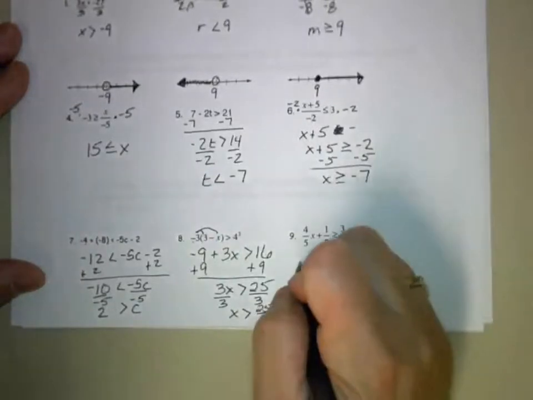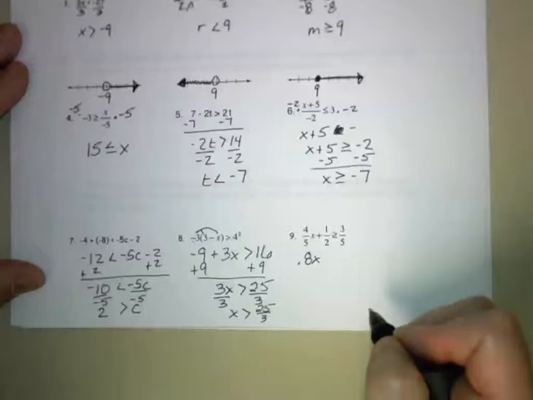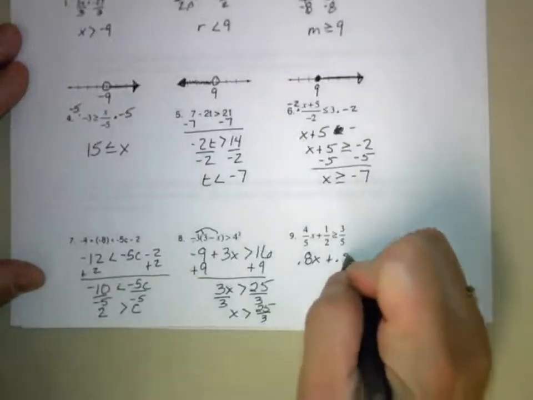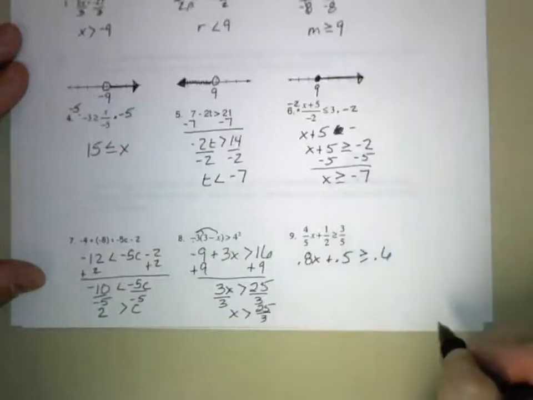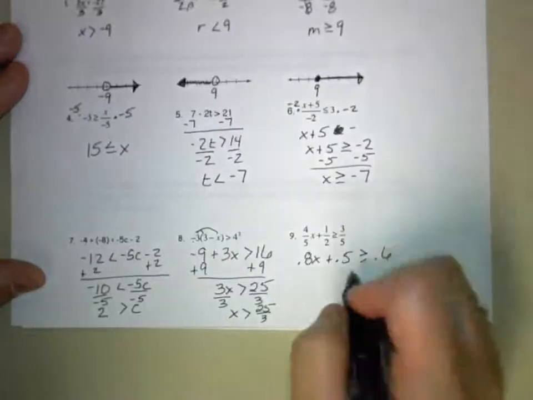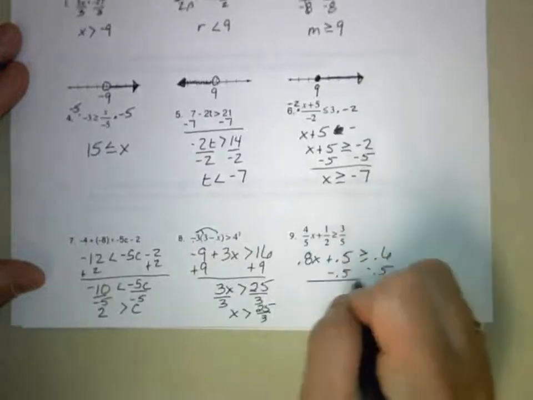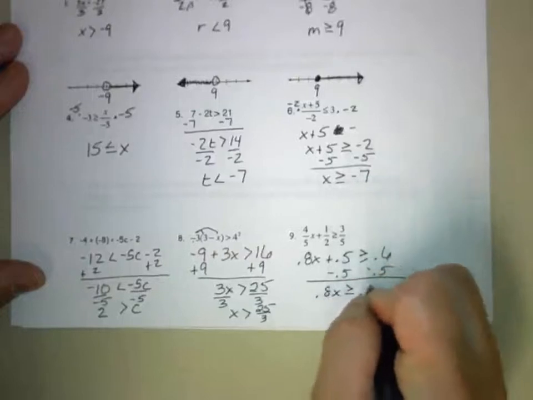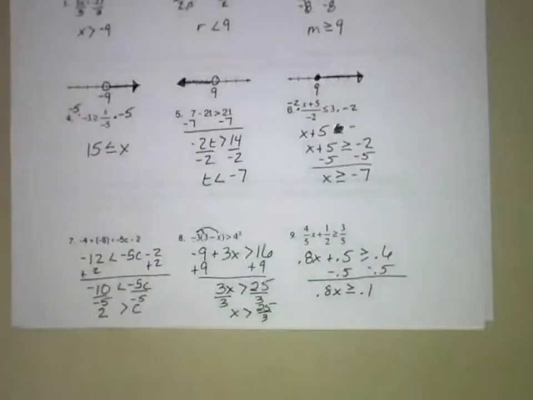Number 9, I'm going to change these to decimals. 4 divided by 5 is 0.8x. 1/2 is 0.5. And 3/5 is 0.6. From there, you subtract 0.5 from both sides, and you have 0.8x is greater than or equal to 0.1.